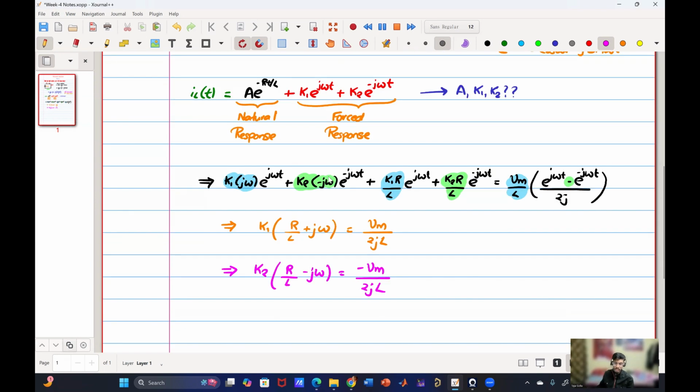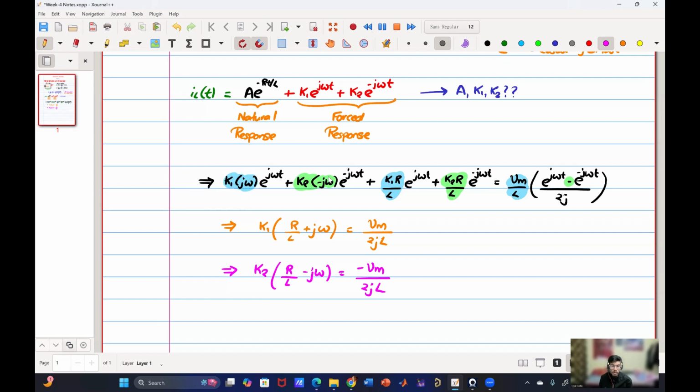I have just compared both of them and then compared the values, K1 value, K2 value. How it came: I have compared e to the power j omega t. So segregate e to the power j omega t terms on the LHS and compare the coefficient on the RHS.